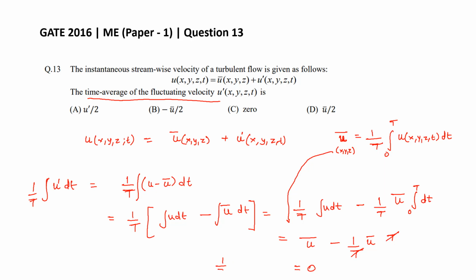So you have just shown that the time averaging of the fluctuating component over some fixed time period T is equal to 0, and that's what they had asked in the problem. So this is actually inherent in the definition, but if someone does not know it, they can proceed through this small manipulation of the initial u velocity.